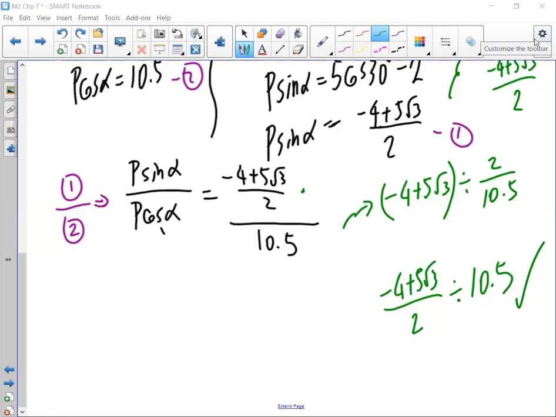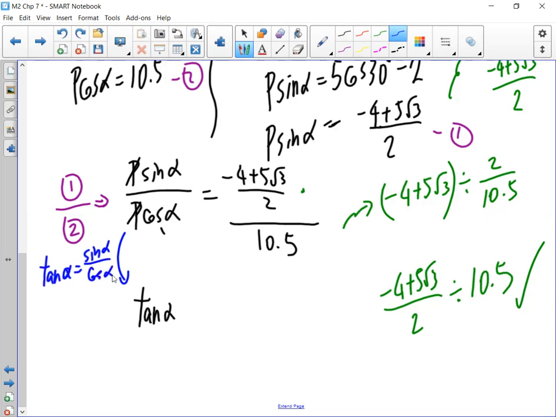Next, on the left-hand side, p and p divide, and sine alpha over cos alpha becomes tan alpha. If you understand where this step comes from, you can just write on the side: tan alpha equals sine alpha over cos alpha, identity. So that equals, on the right-hand side, if you put it in a calculator, you should see -4 plus 5√3 over 21.